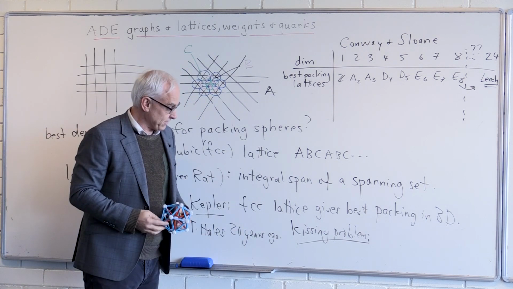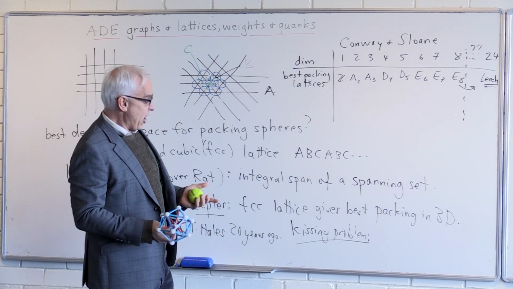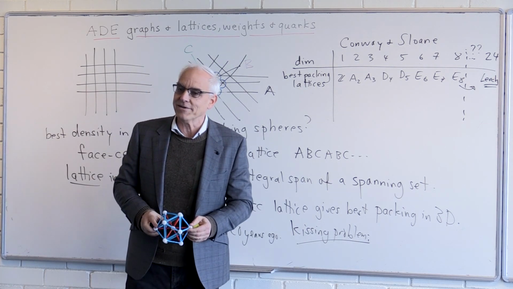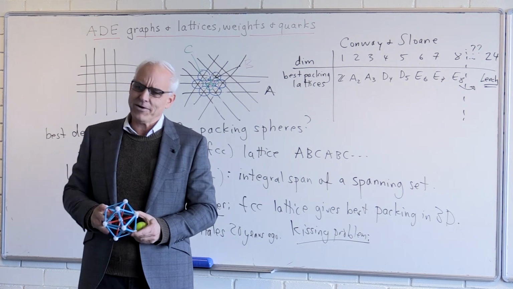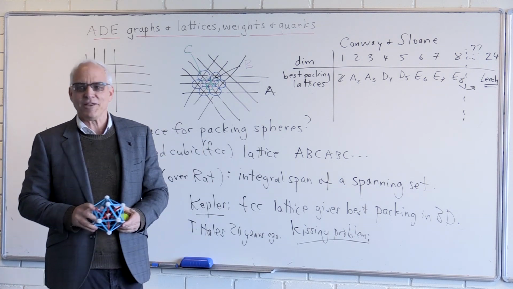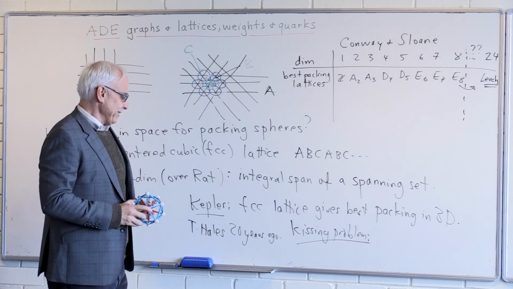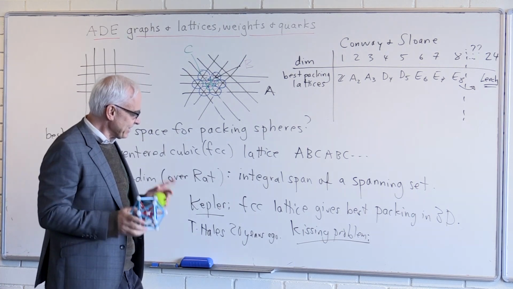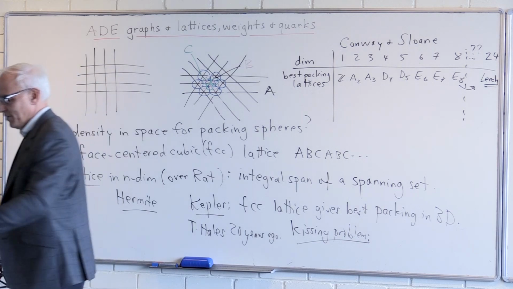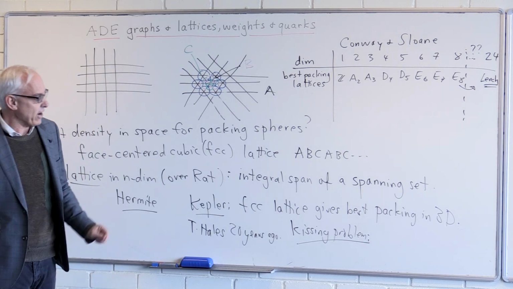This is the source of a great controversy between Newton and David Gregory. Newton said that 12 was the best you could do, and Gregory thought maybe you could put in a 13th one. Well, as usual, Newton was right. But that was not actually solved, I think, for another century or so afterwards.